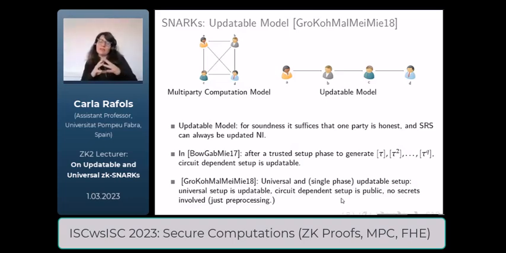And then for the circuit, we also do a circuit-dependent part, but it is more like a pre-processing. So there are no secrets in this pre-processing part, okay? Before, alpha, gamma, and beta had to be secret.